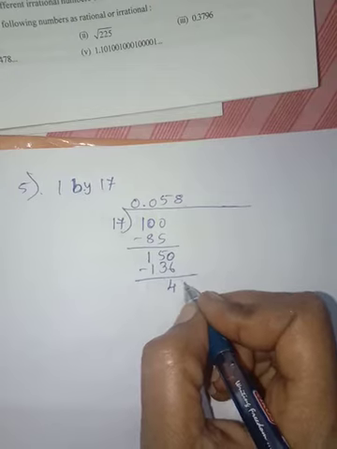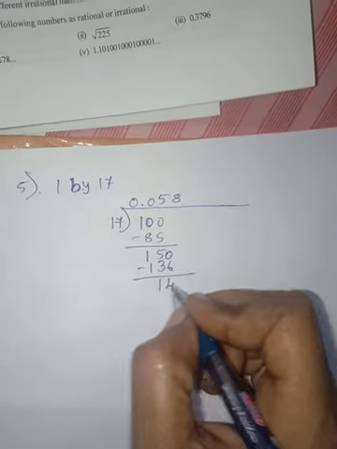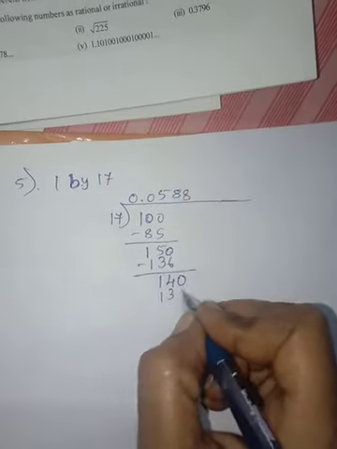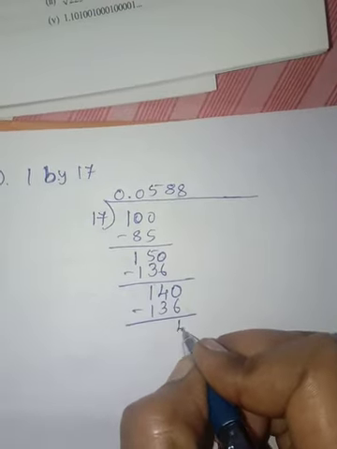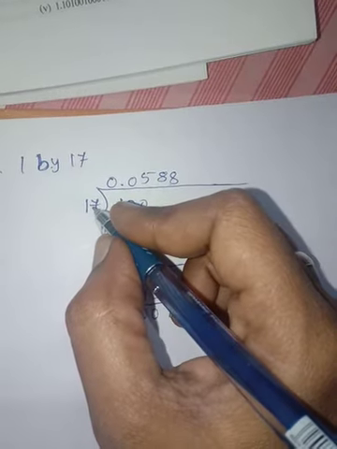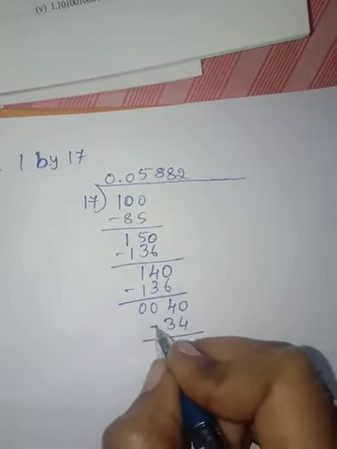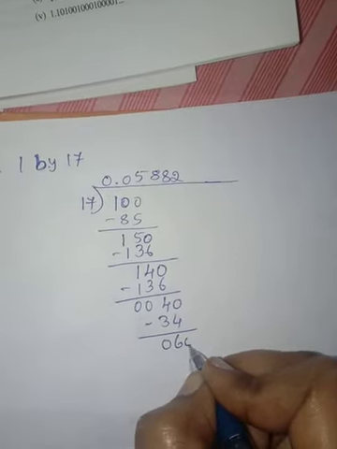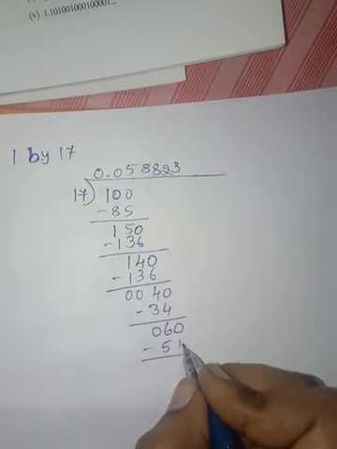Again we have to divide this one. I am going to get 4. Then here 4 minus 3 is 1. I will take one more 0. Again 17 8s are 136. Then 10 minus 6 is 4. I will take 0 also. Then 17 2s are 34. Then you subtract this, you will get 6. I will take 0. 17 3s are 51. 10 minus 1 is 9.